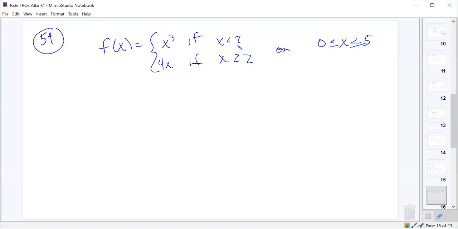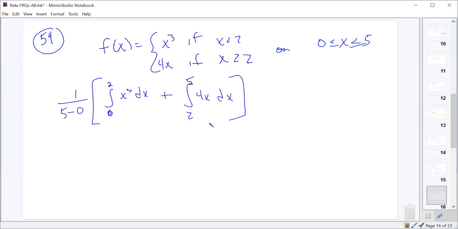So then to find the average value, we just need to find the value of 1 over 5 minus 0 times the integral from 0 to 5 of this function. Well, to find the integral from 0 to 5 of this function, we've got to find the integral from 0 to 2 of x cubed and add to that the integral from 2 to 5 of 4x dx.